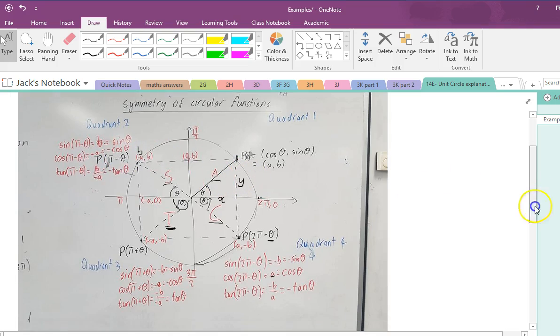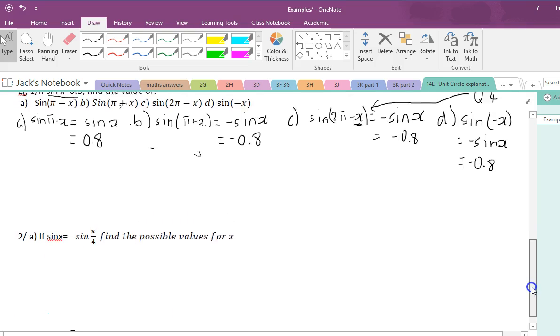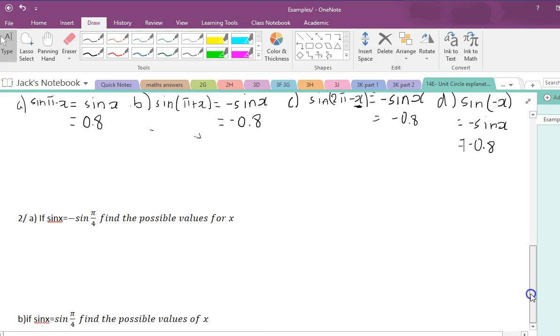So let's look at another example which will help you out as well. So if sine x is equal to negative sine of pi on 4, find the possible values of x. Okay, so the question here is, where is sine negative?